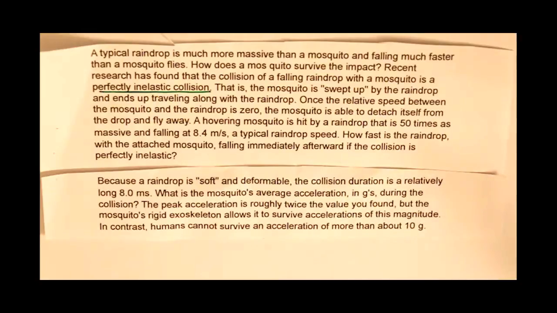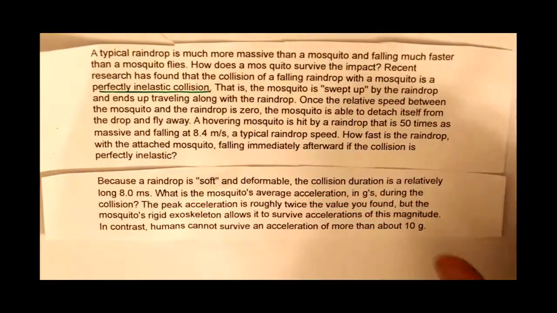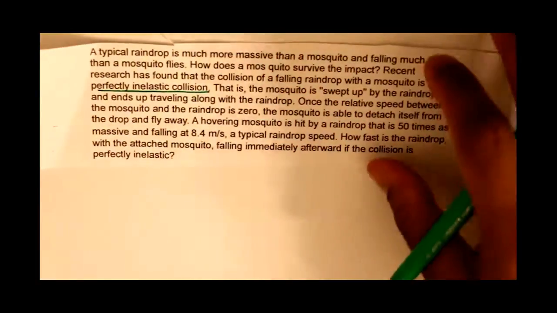Would the velocity of the falling raindrop be more or less? I'm going to say it's going to be less, since its mass would have increased because you'd have to put the mass of the mosquito on the raindrop, and so its velocity would have consequently decreased. But we are asked to find the velocity of the raindrop. So let's do that first.